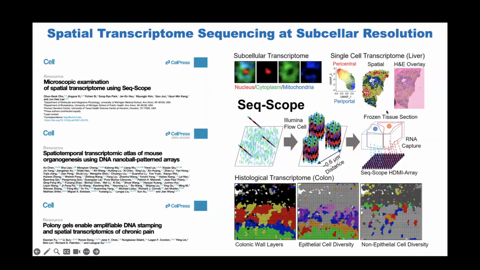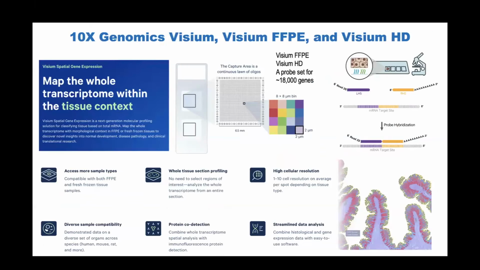But what is much more advantageous in this case is the array spot size can approach almost 1 micron, even smaller, such that you can resolve not just a cellular or near-cellular level, you can actually resolve subcellular, as demonstrated here, the nuclear versus cytoplasmic RNA molecules. You can approach subcellular spatial transcriptome sequencing in an untargeted, unbiased, base-by-base sequencing manner.